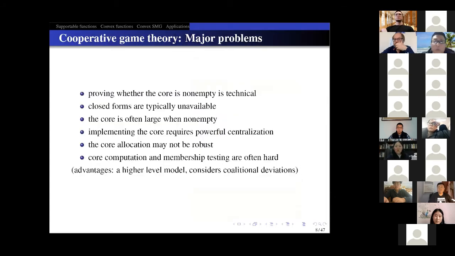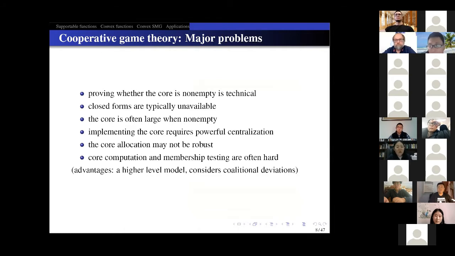So what's wrong with cooperative game theory? Here I list some of the major problems. Of course, it has some other problems. For example, as pointed out by Eric Maskin, in cooperative game theory, we usually assume that the grand coalition always forms.